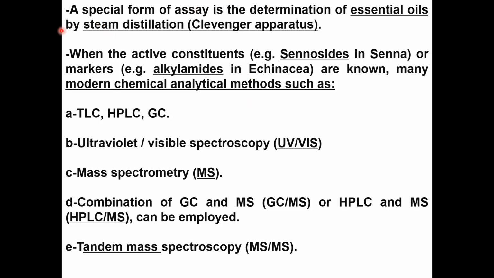If the active constituent is known, in this case there are many assays which can be performed, such as ketoconazole, for example, which can be assayed by colorimetric assay using alkali hydroxide.